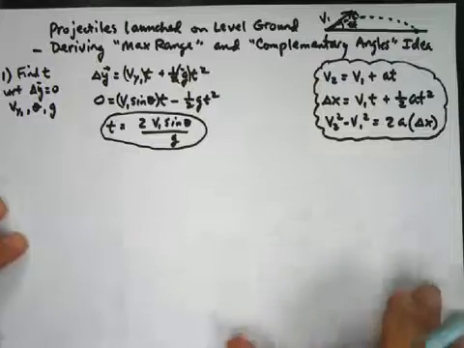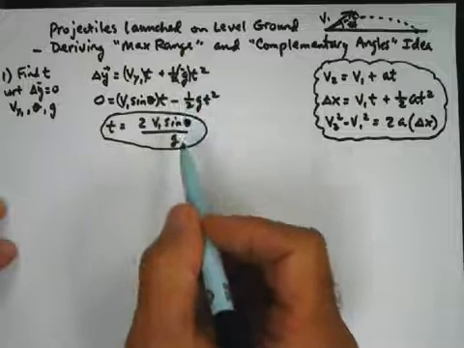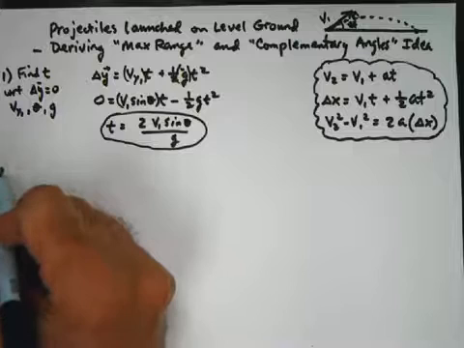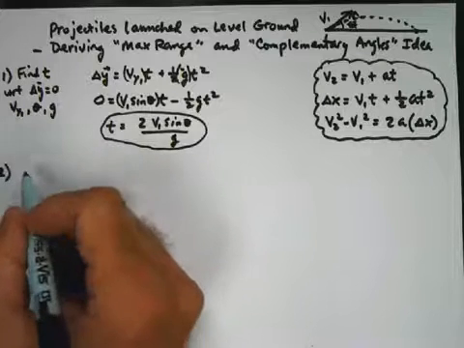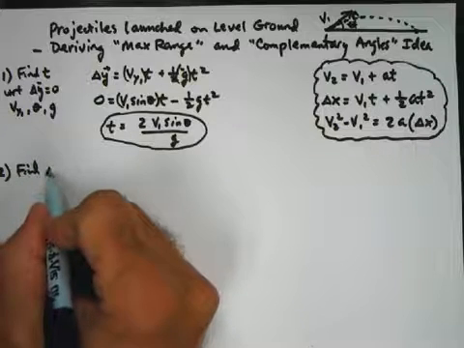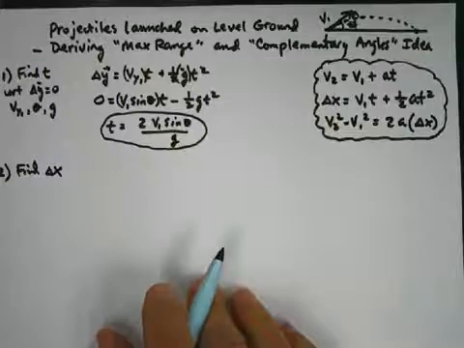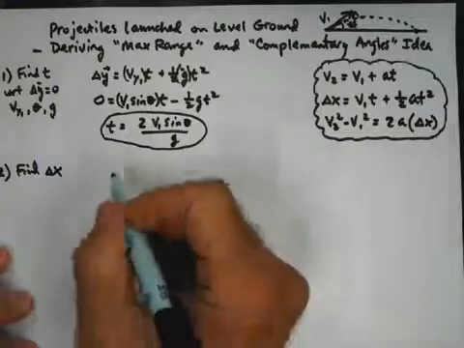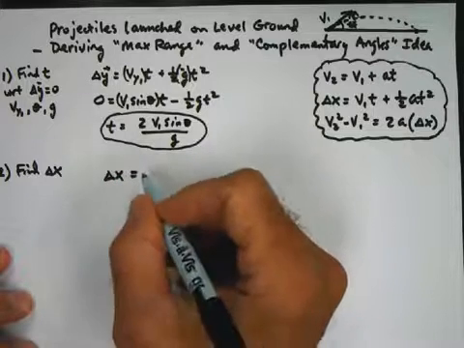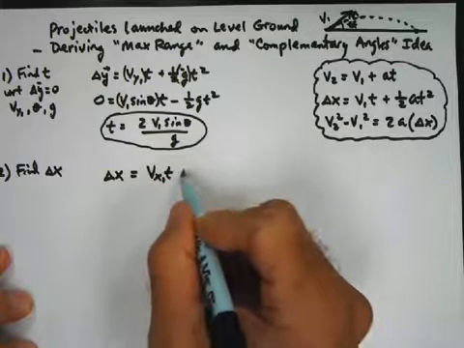Okay, so now we have the time in terms of our vertical information. Now let's find the range, delta x, in terms of our horizontal, using Galileo's equations again. So I'll write out the second equation in terms of the horizontal. Delta x equals Vx1 t, and now there's no acceleration, right? So that would just be plus 0.